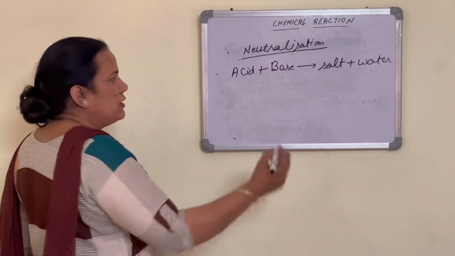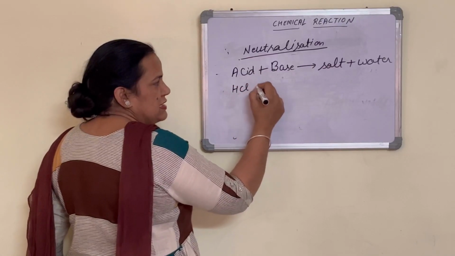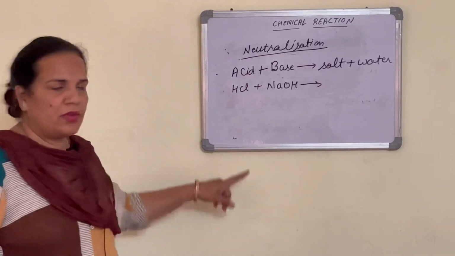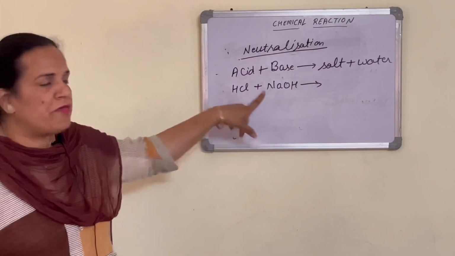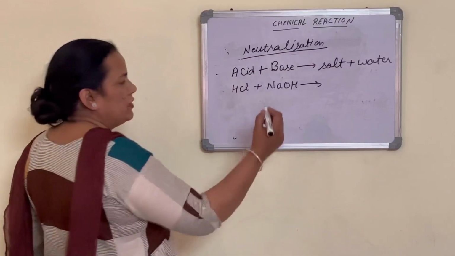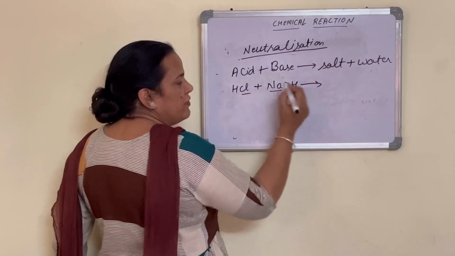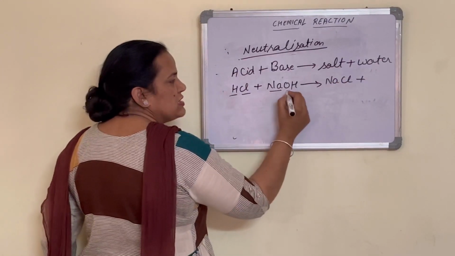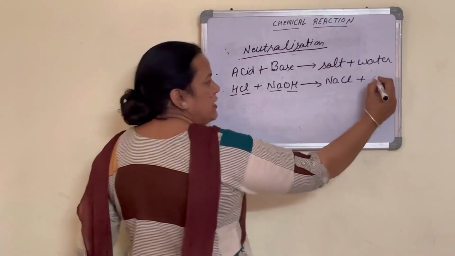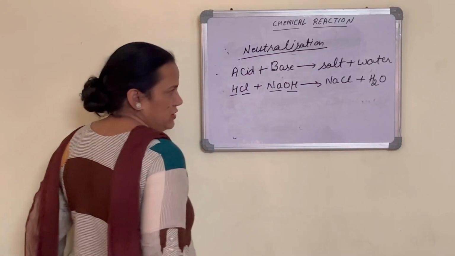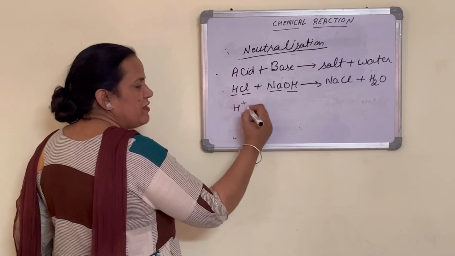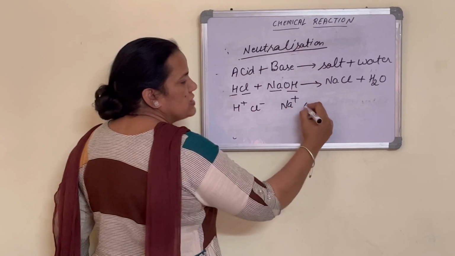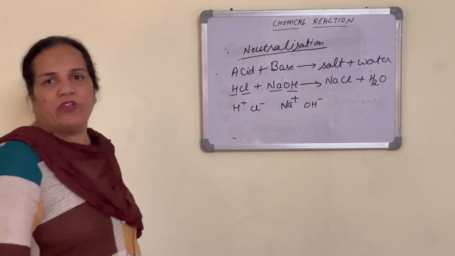For example, HCl is the acid, sodium hydroxide is the base. When they combine with each other, HCl breaks to form H positive and Cl negative, and NaOH breaks to form Na positive and OH negative ions.